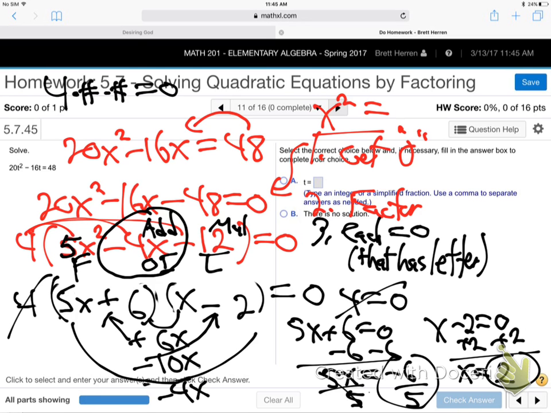Doesn't it mean one of those two numbers has got to be 0? How else can you multiply 3 things and get 0? Somebody's got to be 0. Do you see how the 4 has nothing to do with it? This could be an 8 for all I care. Would that change my conclusion in any way? No, it's still going to be 0. It still means one of these two numbers is 0. It has nothing to do with what that number in the front is. See how that's irrelevant to the process? So numbers in the front, just drop them. If they don't have a letter, they're unimportant. They can't make anybody 0.